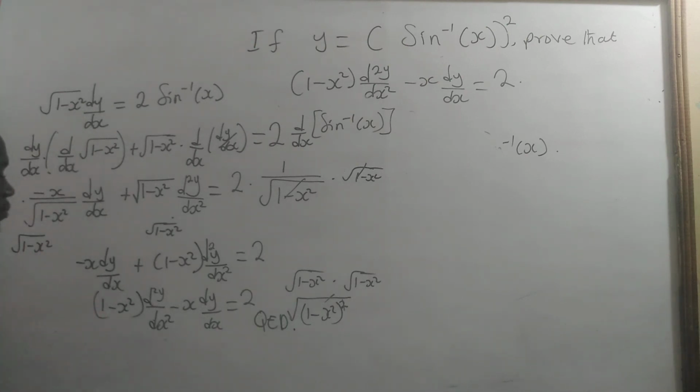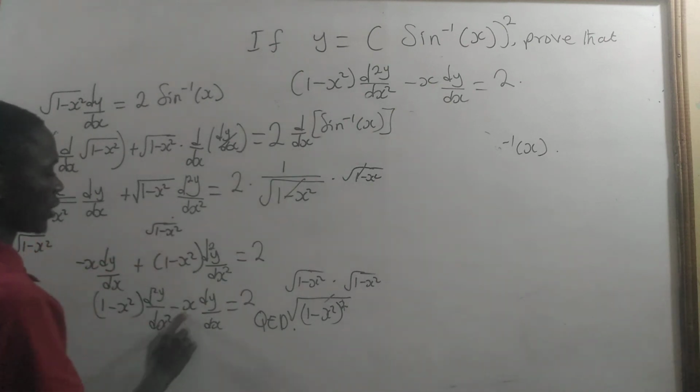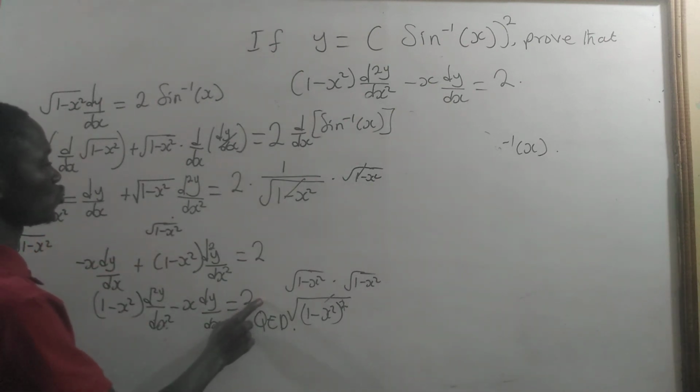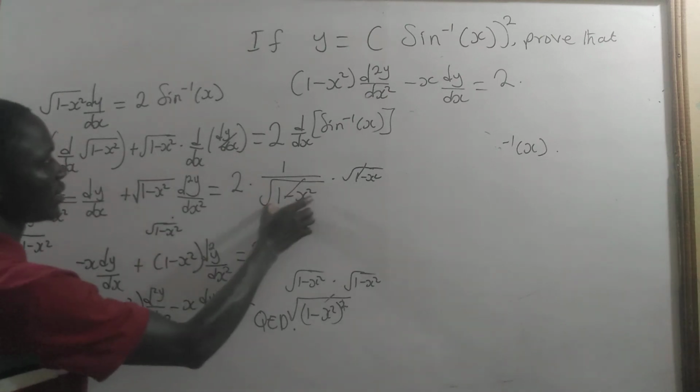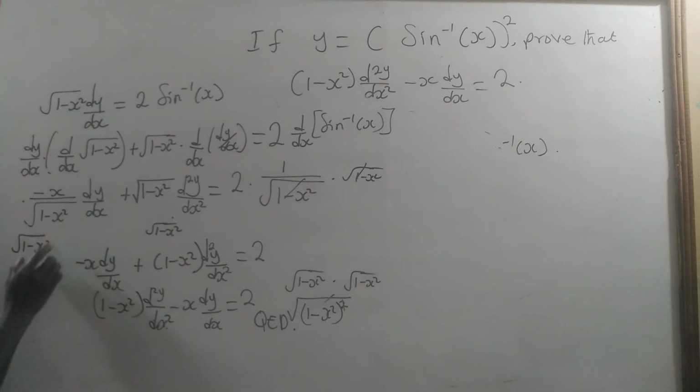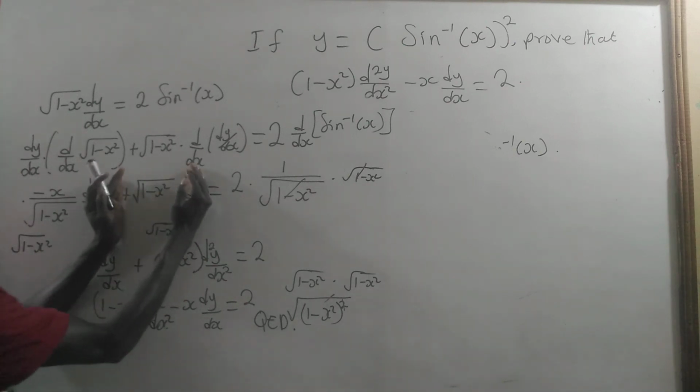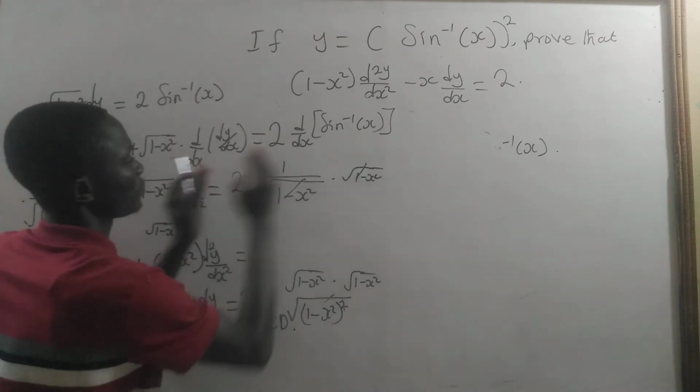That is to be shown. We have (1 minus x squared) d²y/dx² minus x dy/dx equal to 2. So that is that. Remember here, I multiplied 2 by the LCM. So this one is actually multiplying this, and this one is multiplying this.